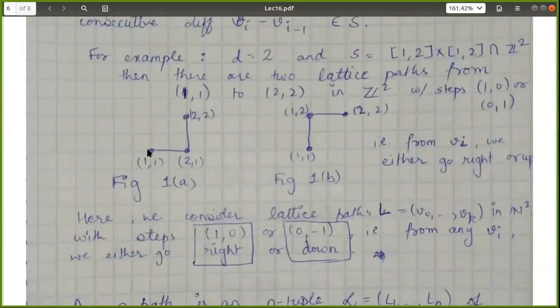So what is this step? It is (1,1) to (2,1). What is the weight of this horizontal step? X1. What is the weight of this horizontal step? X2. Right. And if there were, let's say, instead of (2,2), I ended at (3,2), and I had another horizontal step here, then what would have been the weight of this entire lattice path?